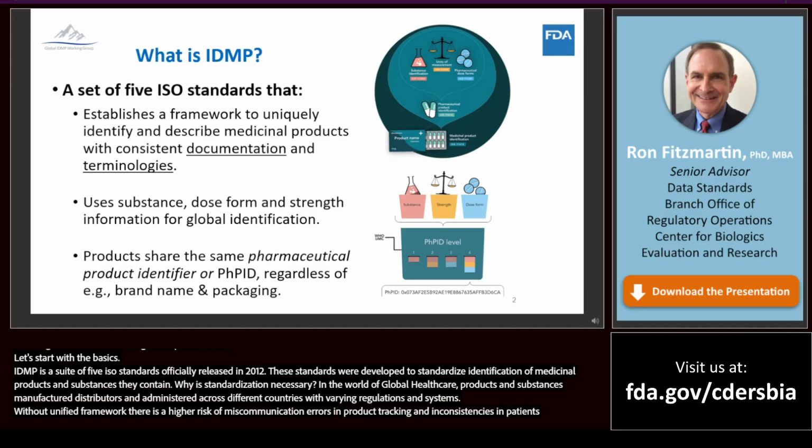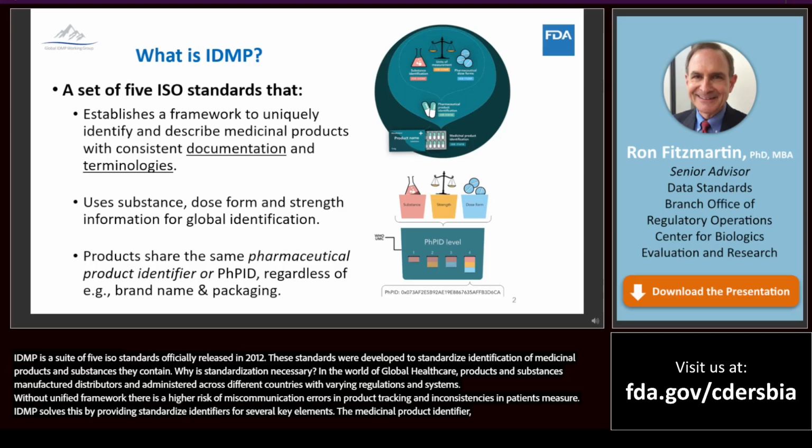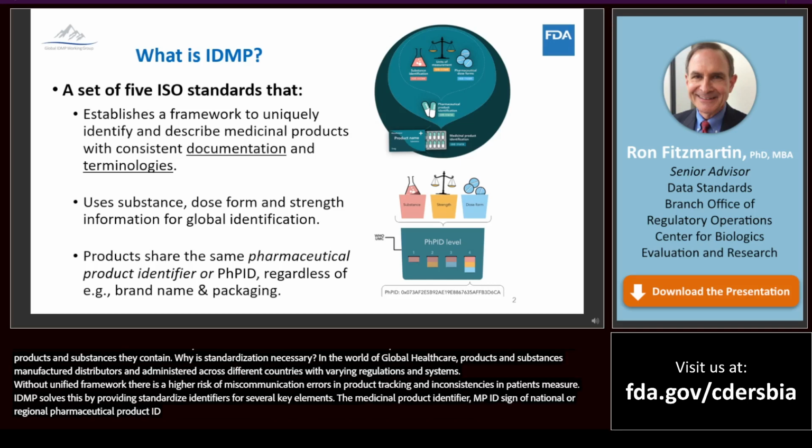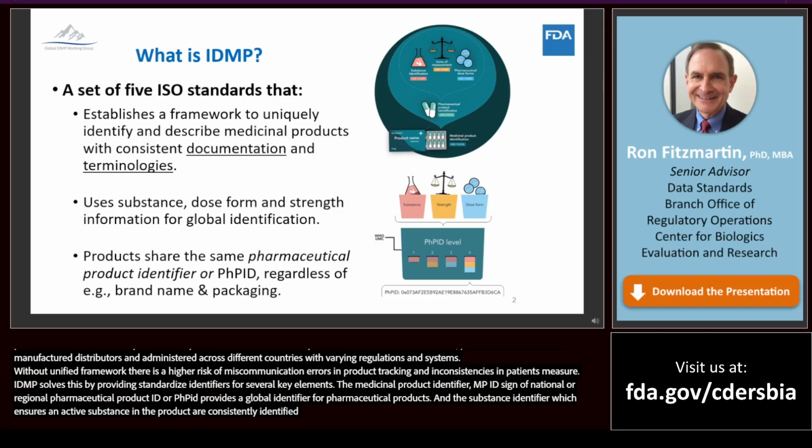IDMP solves this by providing standardized identifiers for several key elements. The Medicinal Product Identifier, MPID, is assigned at the national or regional level. Pharmaceutical Product ID, or PhPID, provides a global identifier for pharmaceutical products. And the Substance Identifier, which ensures that active substances in a product are consistently identified across borders. It also covers dose forms, routes of administration, strengths, and units of measurement.